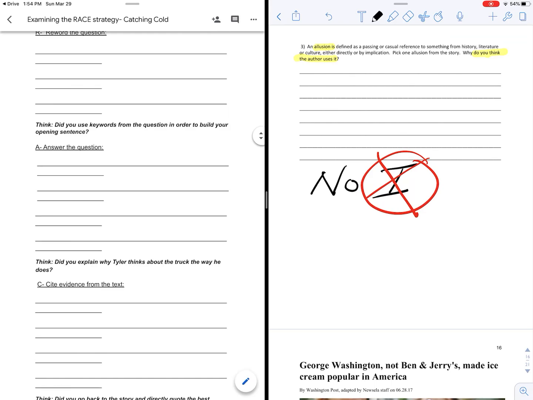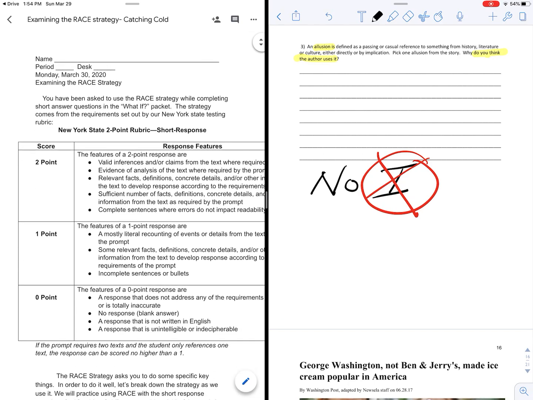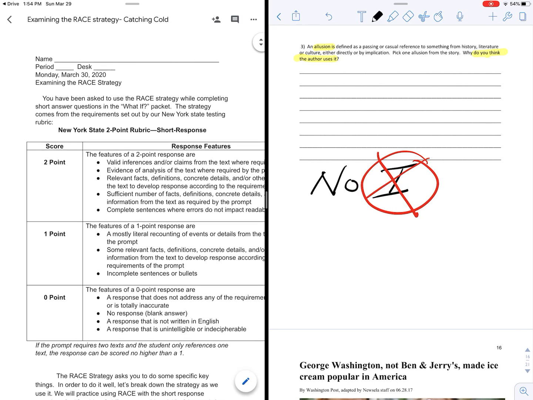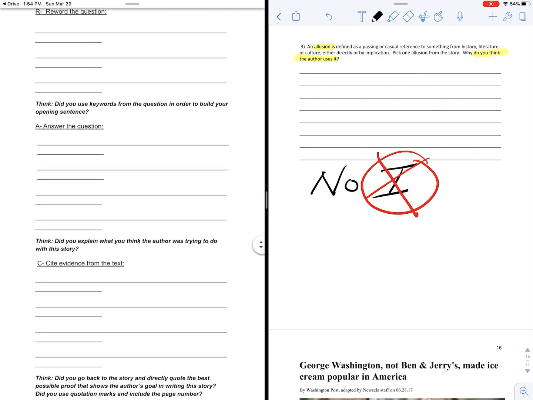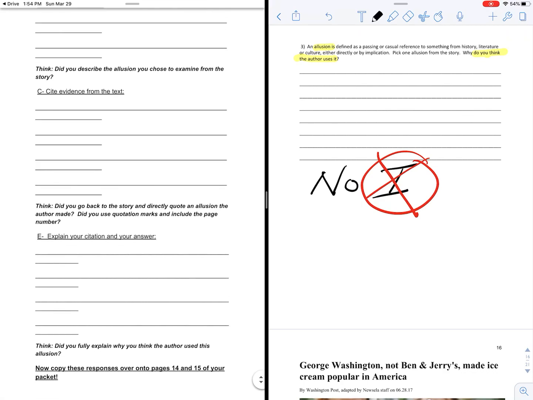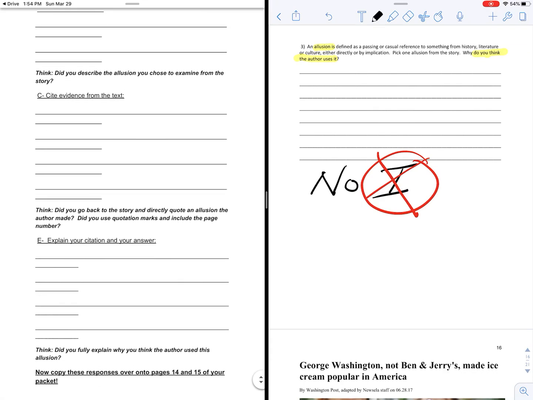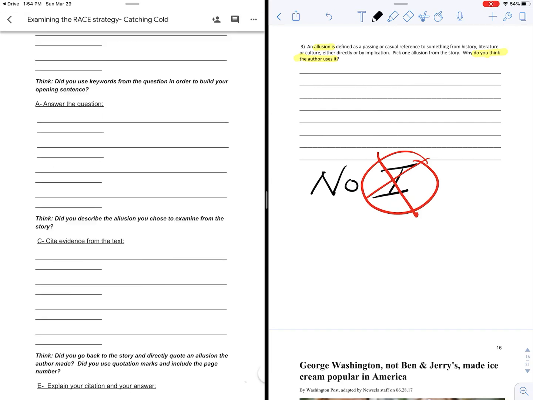So with that in mind, this sheet I am not grading. This examining the RACE strategy, it's not there for a grade. It's there to help you build your answers for questions on pages 14 and 15. So much so that at the bottom you can see underlined, now copy these responses over to pages 14 and 15 of your packet. So really, this is just here to help you.